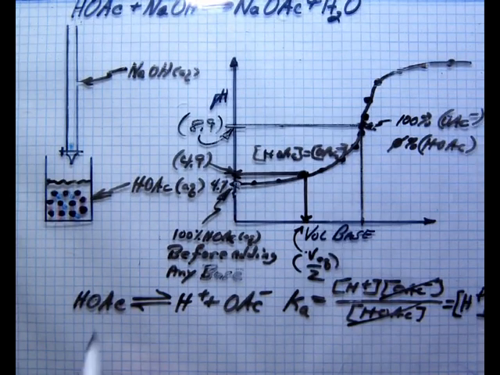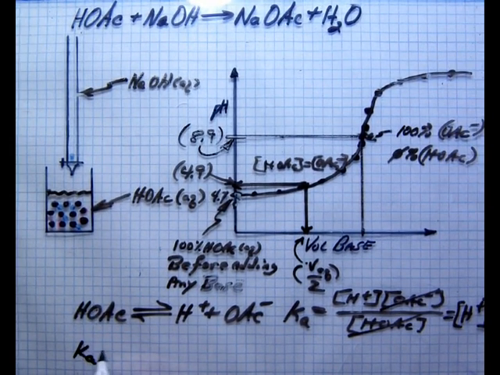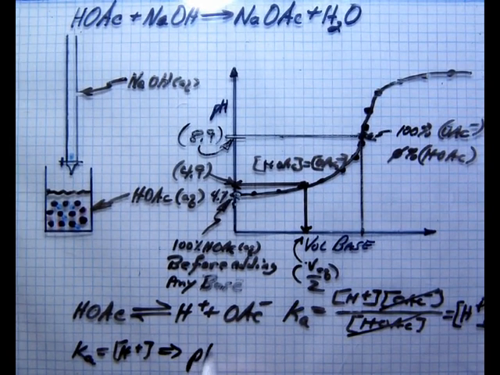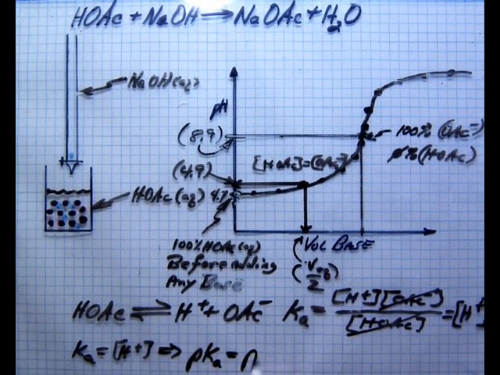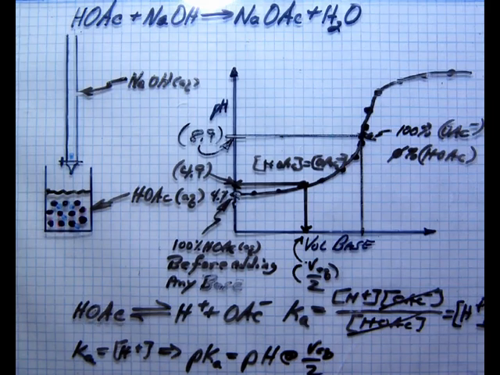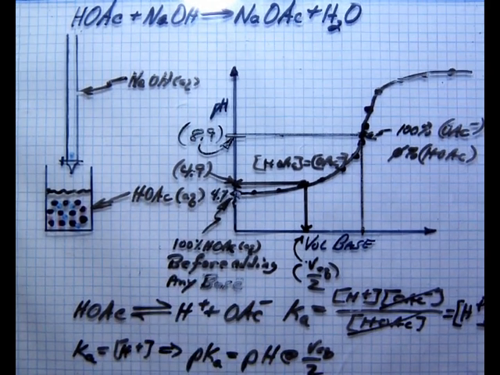If the Ka equals the hydronium ion concentration, then the pKa is also the pH at VEQ over 2. So once we determine what the pH is, we also have the pKa.